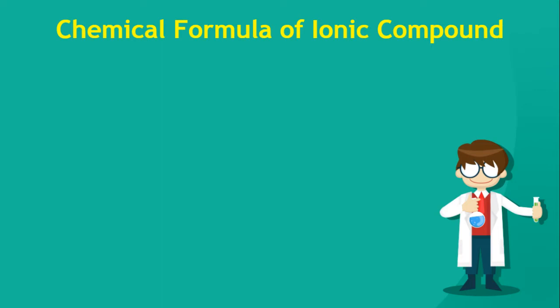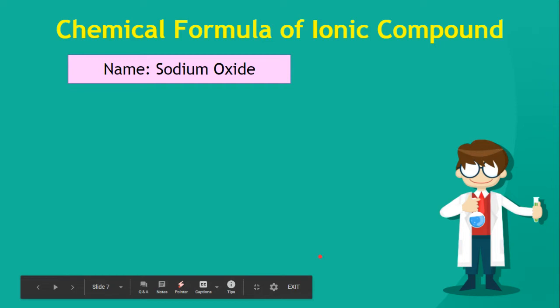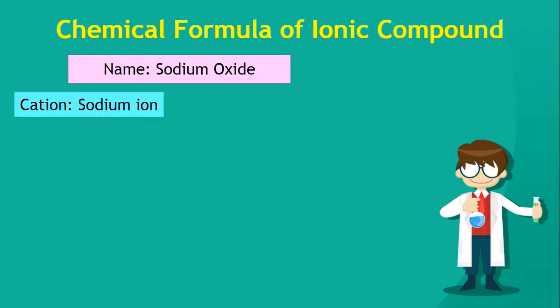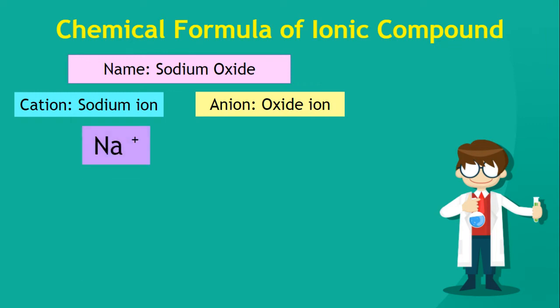We go to example 3. The ionic compound given is sodium oxide. The cation is the sodium ion, while the anion is the oxide ion. The formula is Na+ for sodium ion, and O2- for oxide ion.